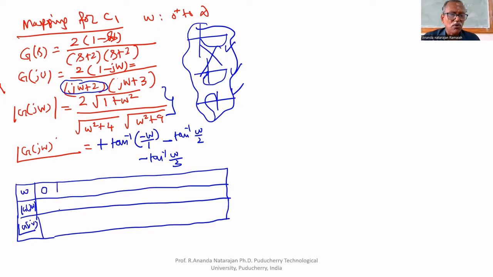When omega equal to 0, if you substitute omega equal to 0 here, you will get 2 by 6, that is 1 by 3, that is 0.33. 0.33 is the magnitude. What is the angle? If you substitute omega equal to 0, the angle is 0.